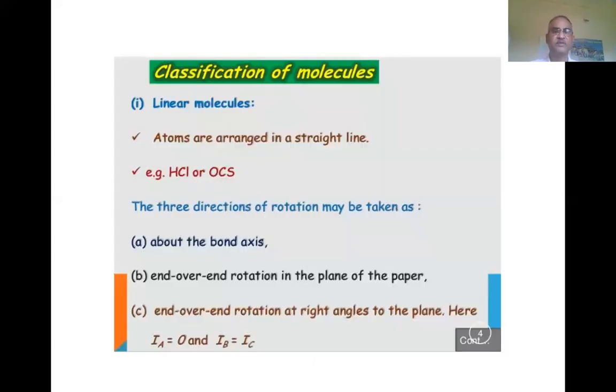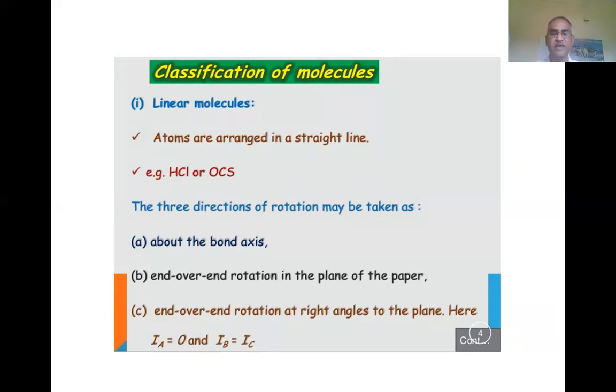So linear molecules. I'm just explaining the same thing here again in detail. Atoms are arranged in a straight line in a linear molecule. So the three directions of rotation may be taken as about the bond axis, one direction; end over end rotation in the plane of paper, another axis; and the third one is end over end rotation at right angles to the plane of the paper.